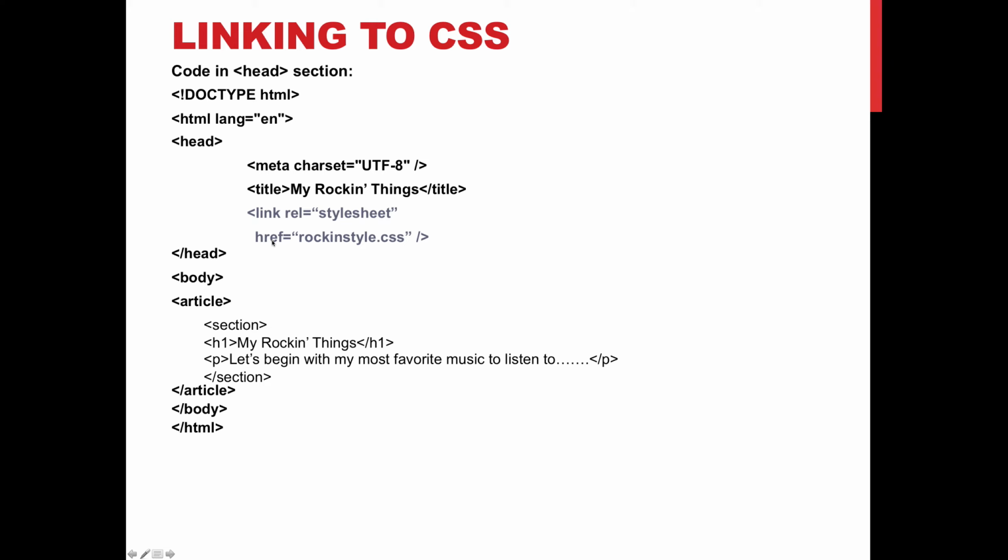This href is, hey, here is a link reference, and that reference is rockinstyle.css. So now everything down here that would be appropriately styled by this CSS file will now have that applied to it. If you did not have this in here, nothing would happen. It would just show up without any styling at all.